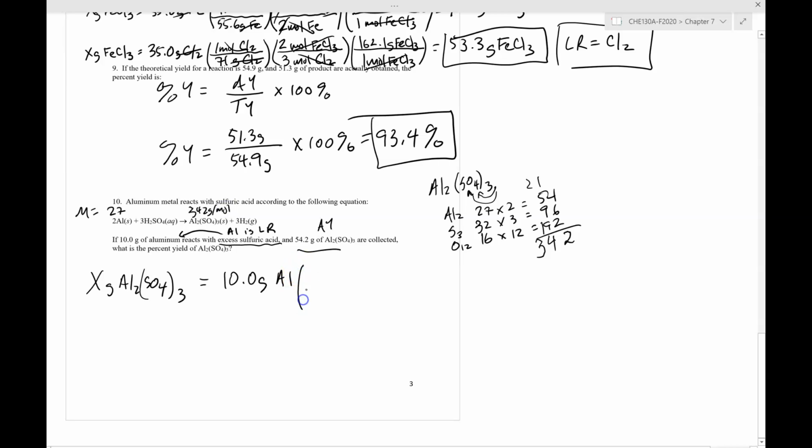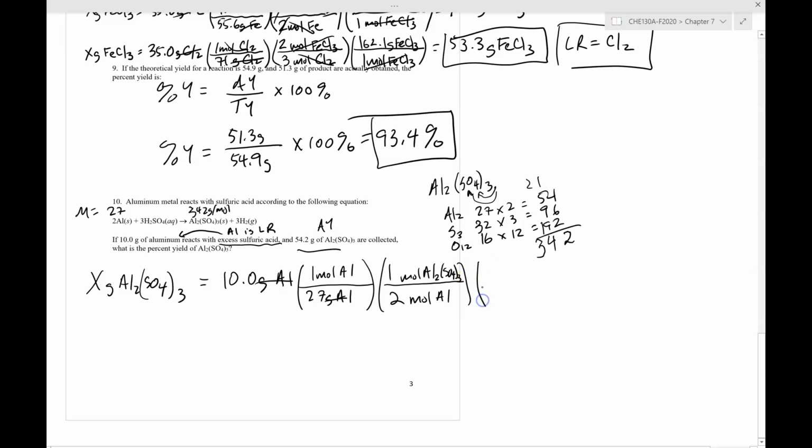So we're going to say 10 grams of aluminum, 1 mole of aluminum is 27 grams of aluminum. We've got grams of aluminum there. Then we're going to take moles of aluminum and moles of the aluminum sulfate. And the equation tells us that if we form 1 mole of aluminum sulfate, 2 moles of aluminum must have reacted.